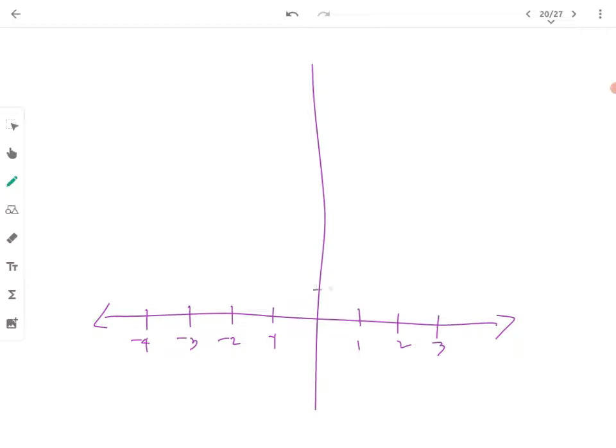Okay, so we have 1, 2, 3, 4, 5. In sketching, guys, you are free to make your own scaling. Then 6.